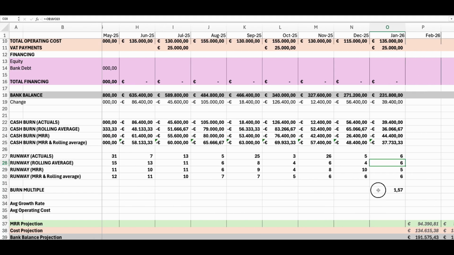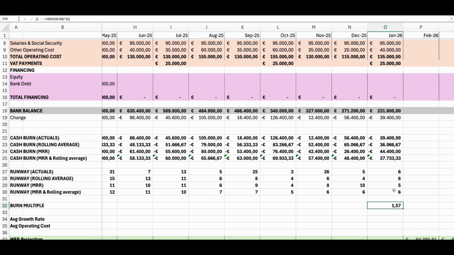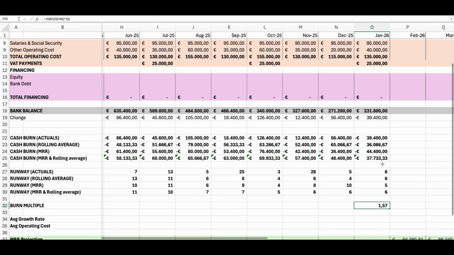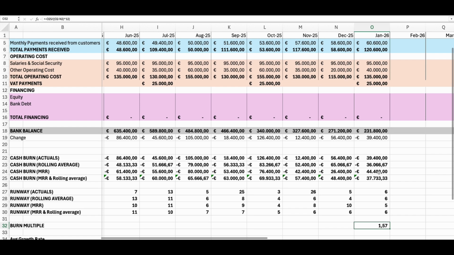Next, let's calculate the burn multiple. I've already done this. The way this works is you take the current burn, and I'm using my preferred line 25, so MRR and rolling average cash burn number, and we're dividing that by the new ARR created for the month. Now, how do we calculate new ARR?